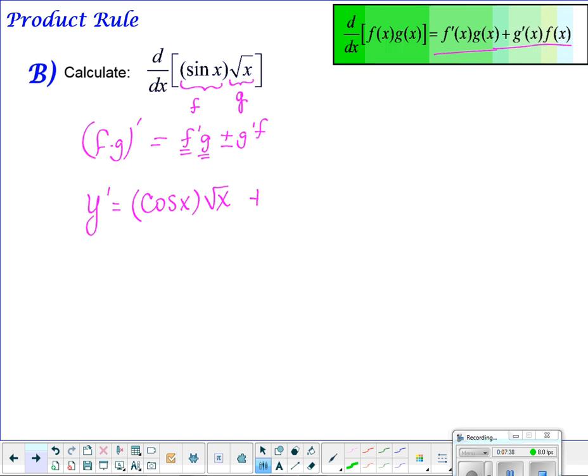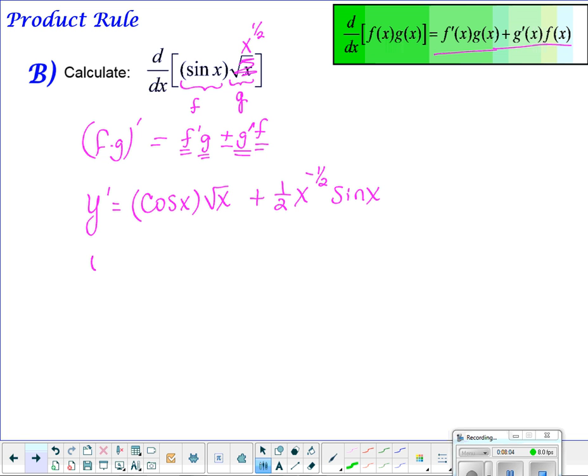Addition, and then I want the derivative of g, g prime. The derivative of g, this would be x to the 1/2, so the 1/2 comes down, and I subtract 1 from 1/2 and I get negative 1/2, power rule. Multiply this by f, which is sine x.